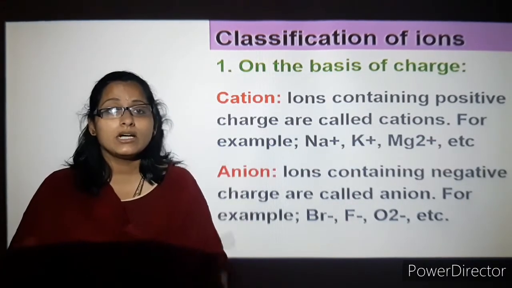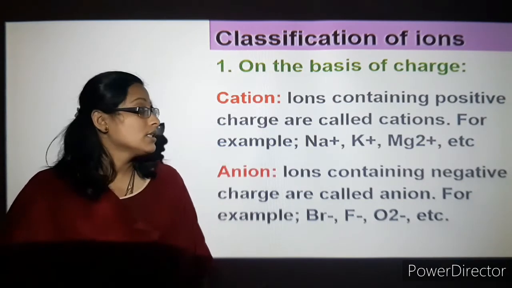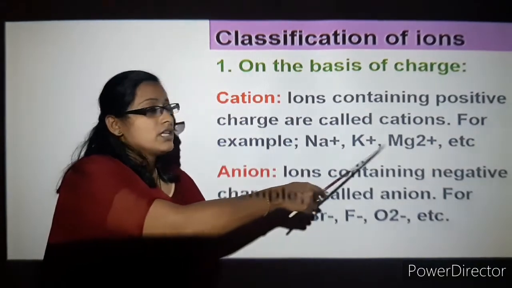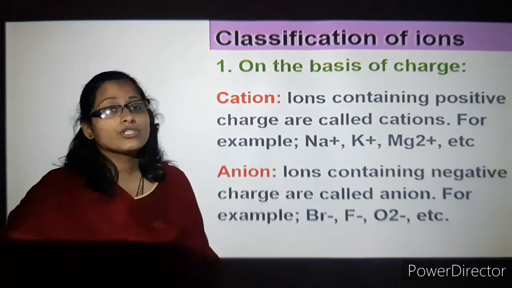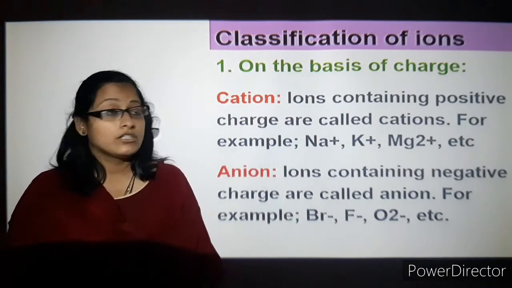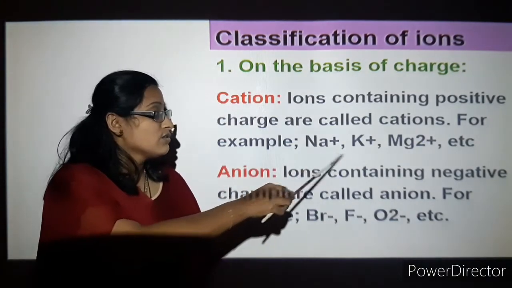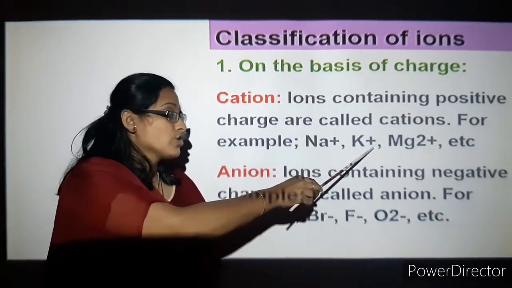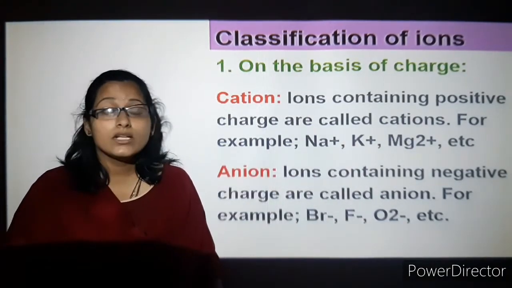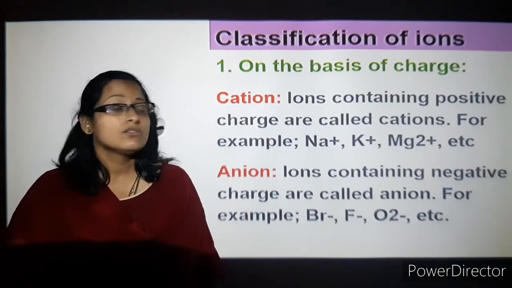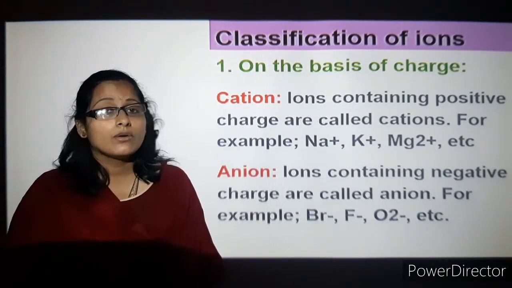When you go through the periodic table, the metal groups are positive in nature, and later you will understand why, because they share their electrons. Sodium is Na plus, K is potassium, it is positive, and Mg2 plus. This number represents the valency of the particular atom, which we will see later in this video.